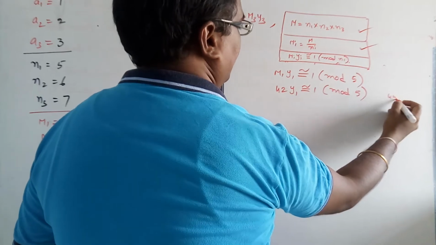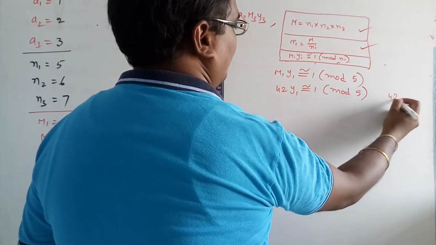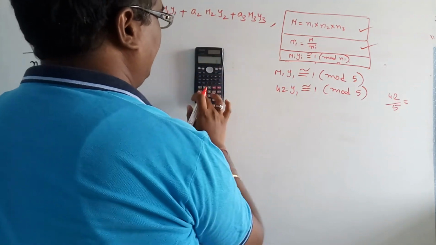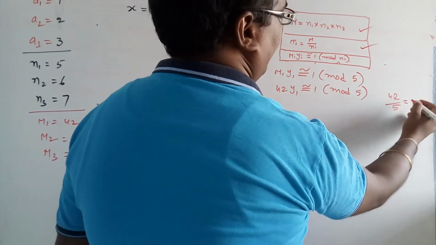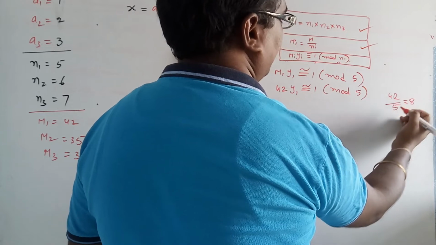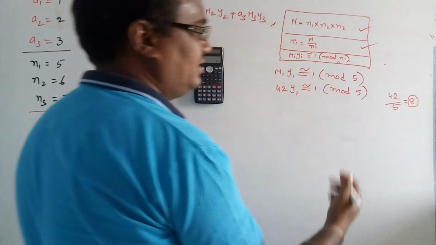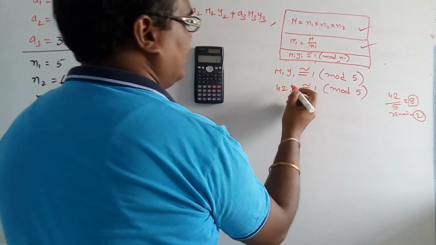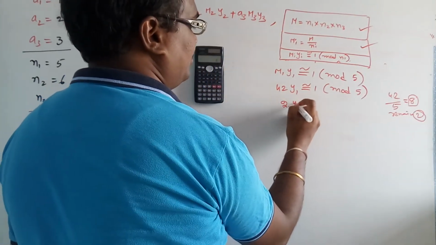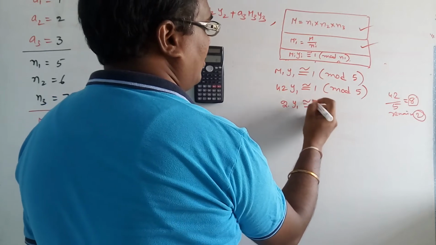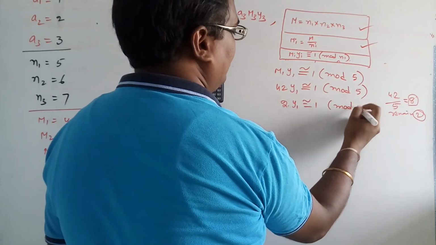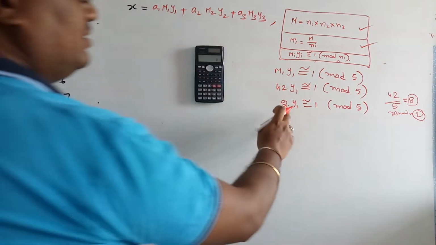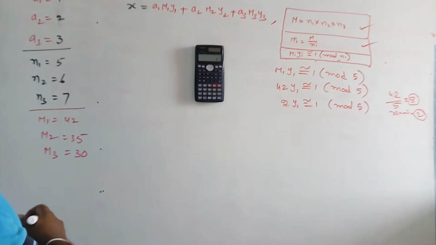Dividing 42 by 5, 5 eights are 40, remainder is 2. So I simply place 2 Y1 is congruent to 1 mod 5.